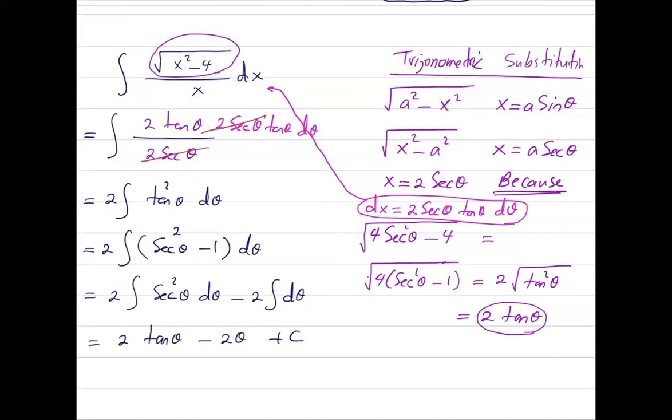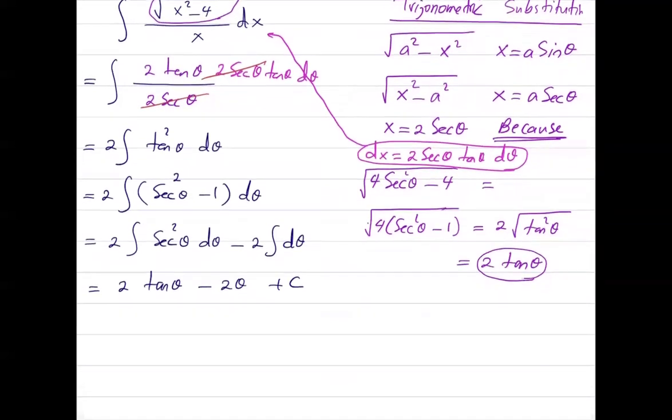Are we done yet? Not yet, because our original integral is written in x, but the final answer that we got is in theta. But remember that you have the substitution of x equals 2 secant theta. Let us use that.